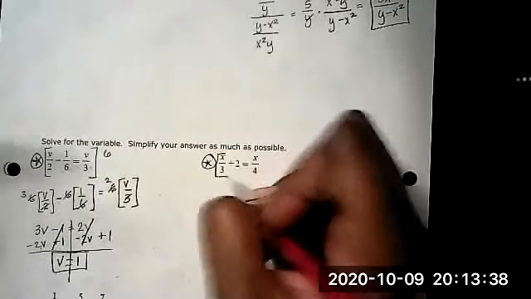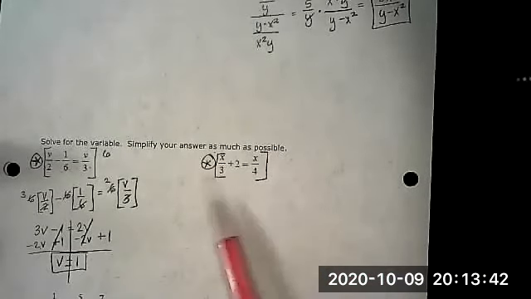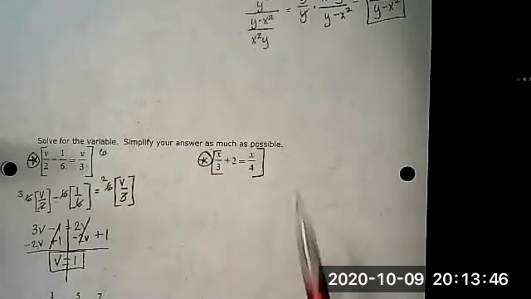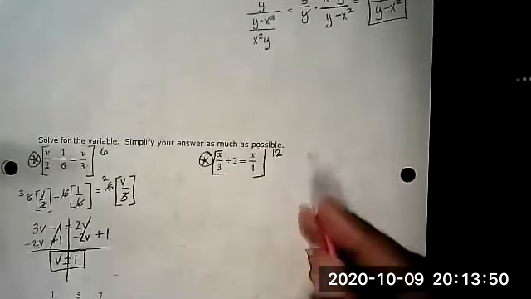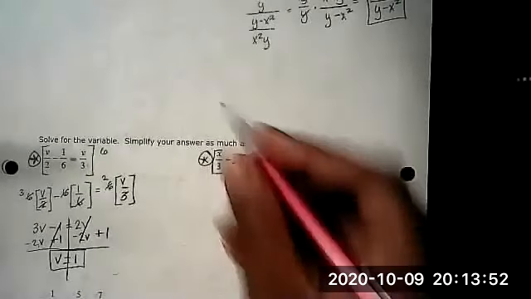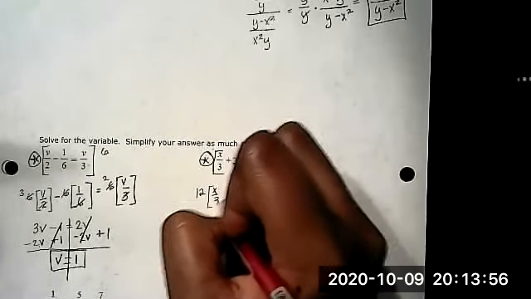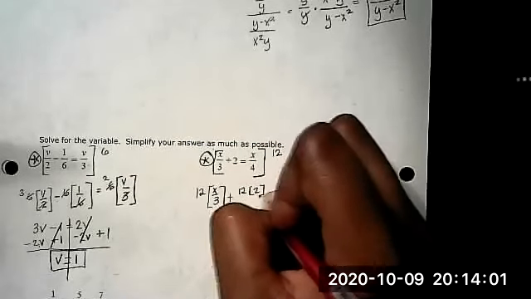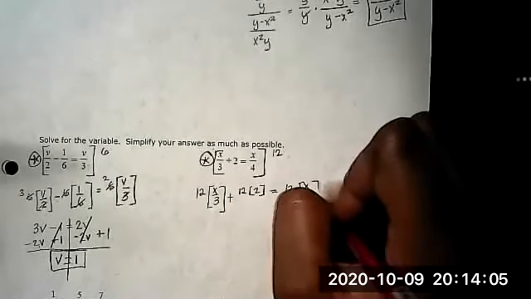So here, the LCD, the least common denominator in this situation, would be 12, 3 times 4, 12. So I'm going to multiply every single term by 12. So 12 times x over 3 plus 12 times 2 equals 12 times x over 4.